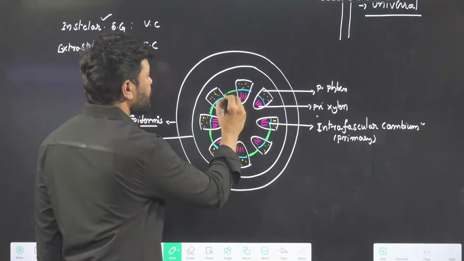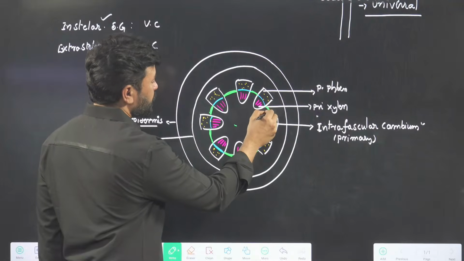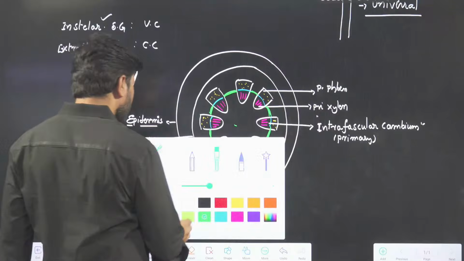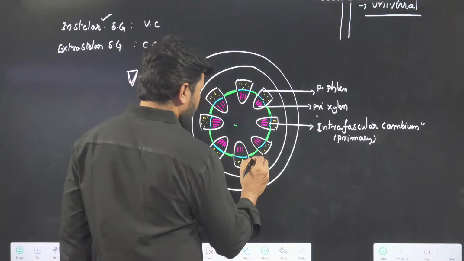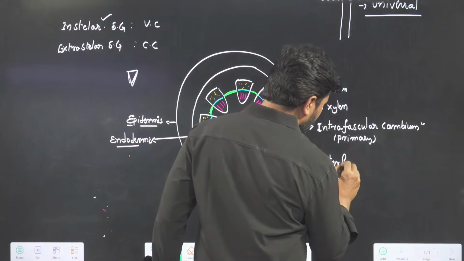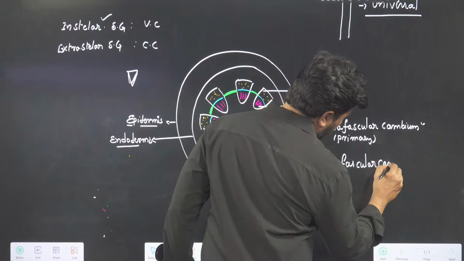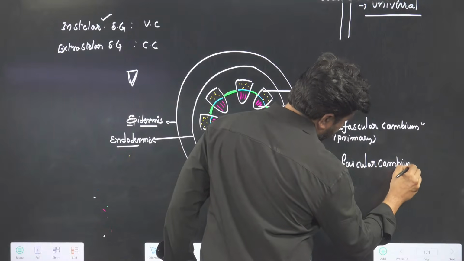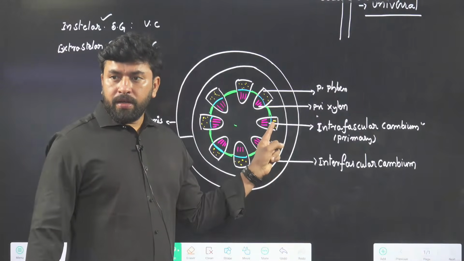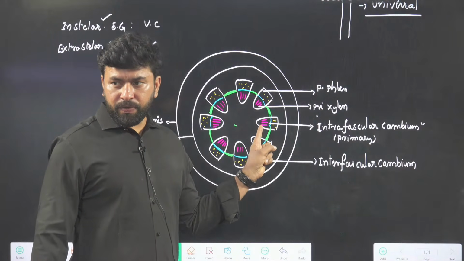As a result of that, they will form a cambial band. This cambial band is known as interfascicular cambium. This one.